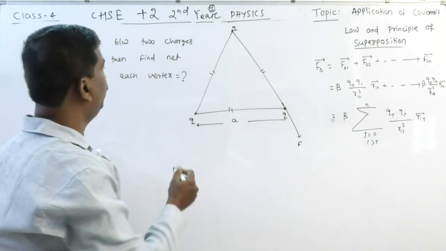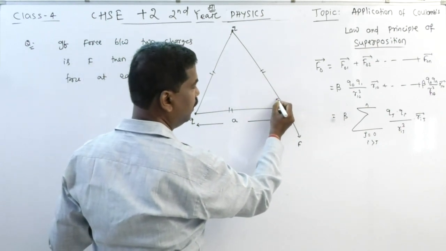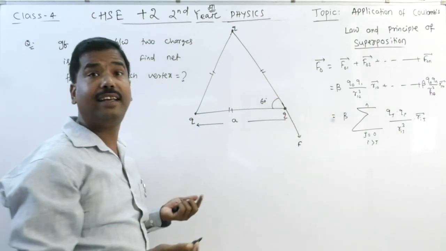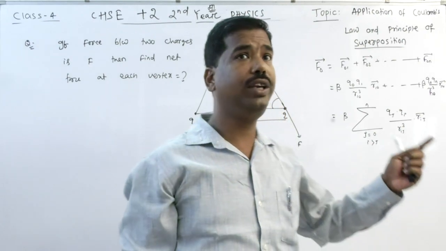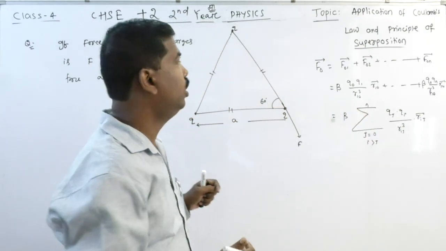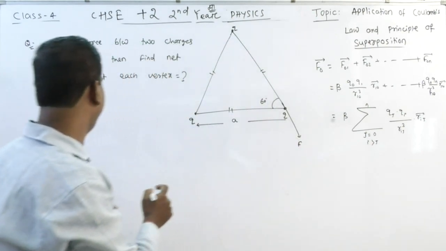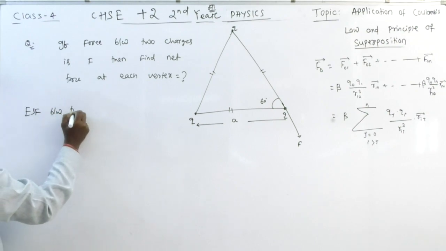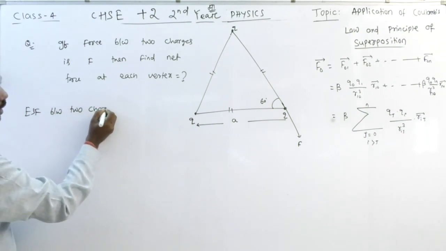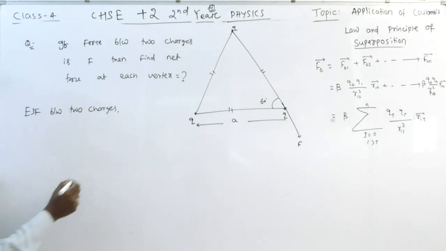Listen to me. So what type of triangle is it? In an equilateral triangle, three sides are equal and three angles are equal. So each angle must be 60 degrees. So the electrostatic force between two charges, how much?